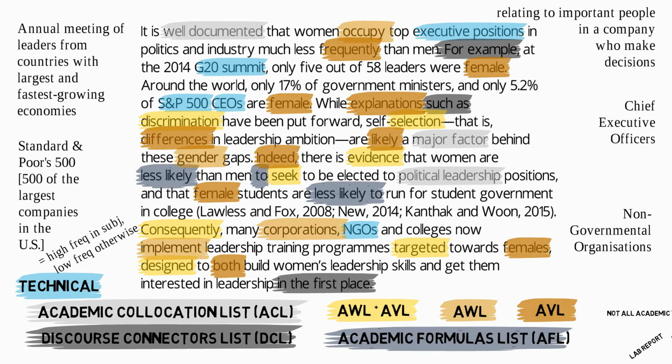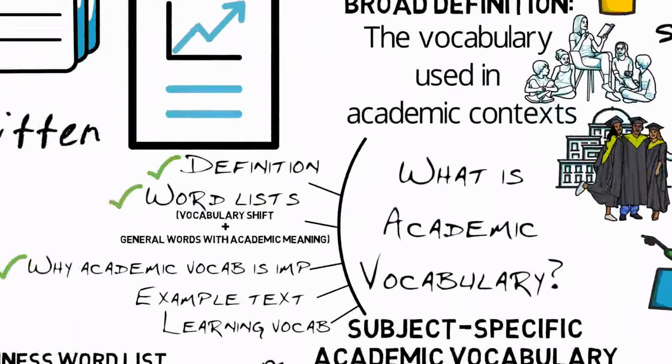There are collocations, phrases, discourse connectors, and many single academic words. Most of what's left is general vocabulary, simple words. For example, in the first line, it, is, that, woman, top, and in. There's a few difficult words there: politics, industry, government, ministers, but nothing too difficult. So that's an example text.